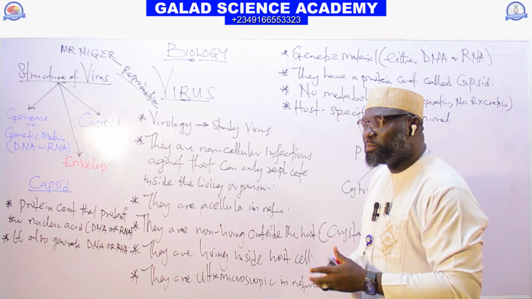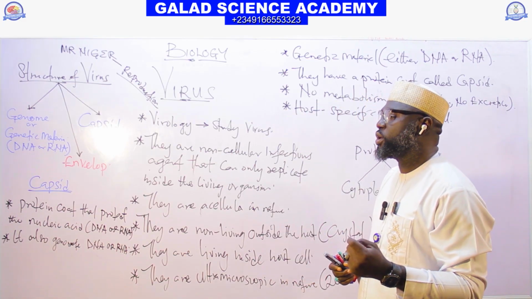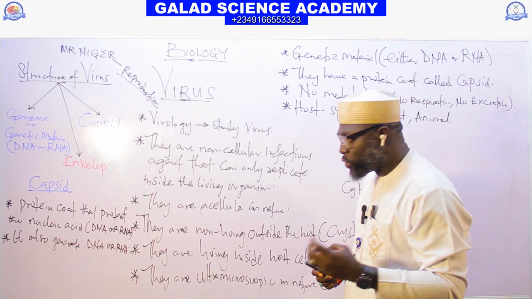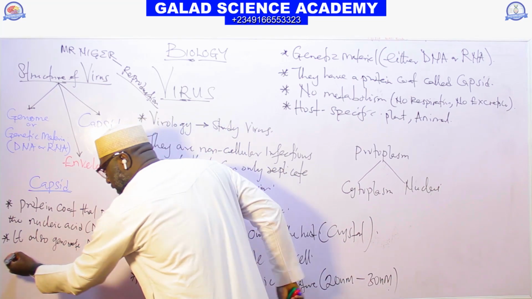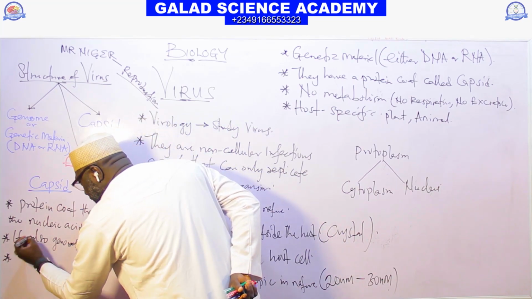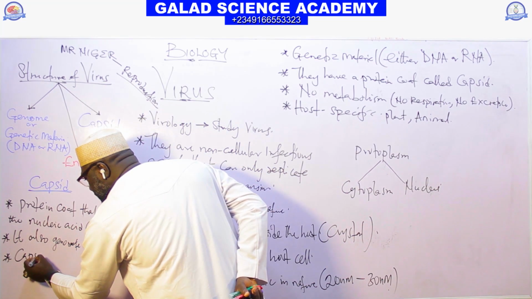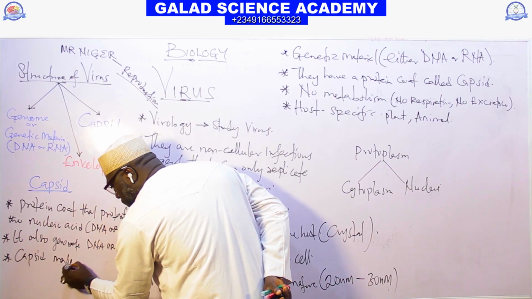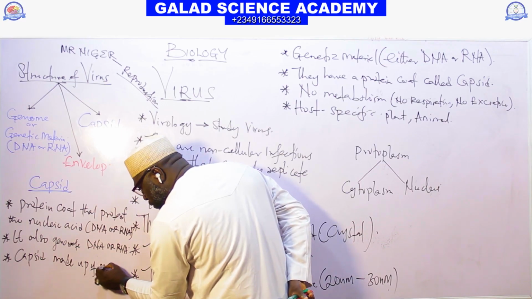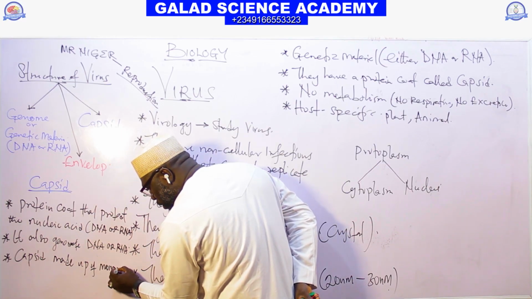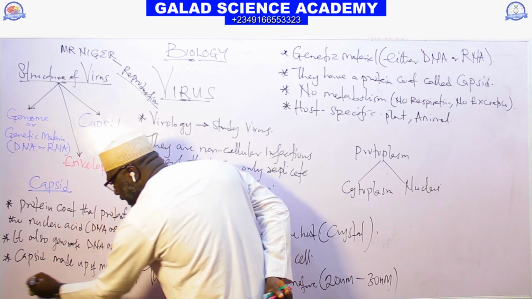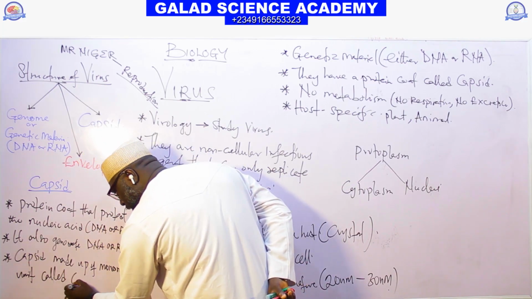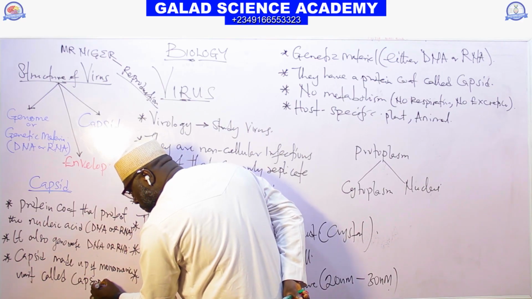And the next thing is, the capsid is made up of monomeric units called capsomere.